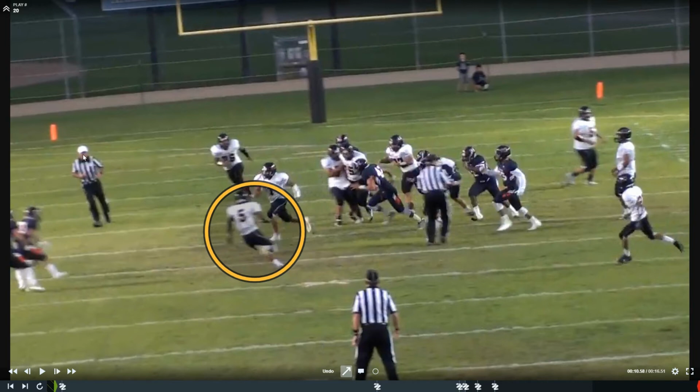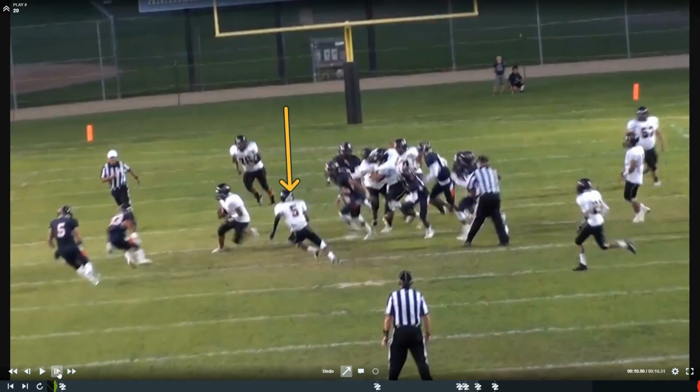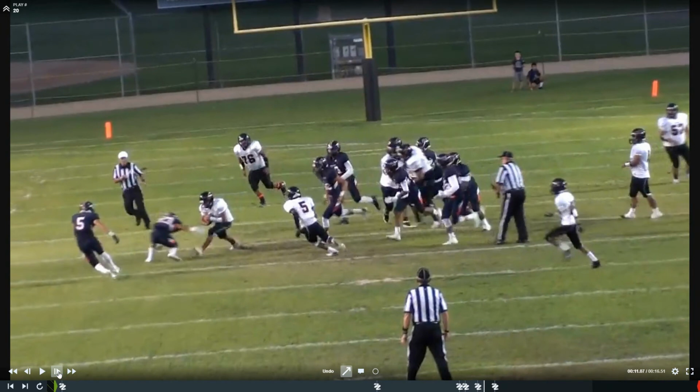The referee appears to be at least looking in this general area, but he's watching the runner. You can see that by his head now. Now, 5 is going down.